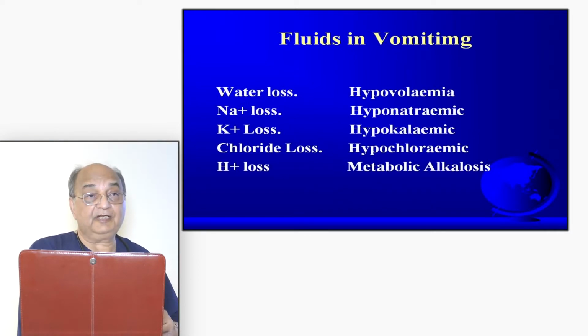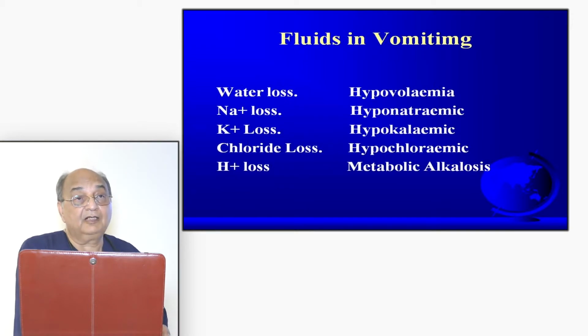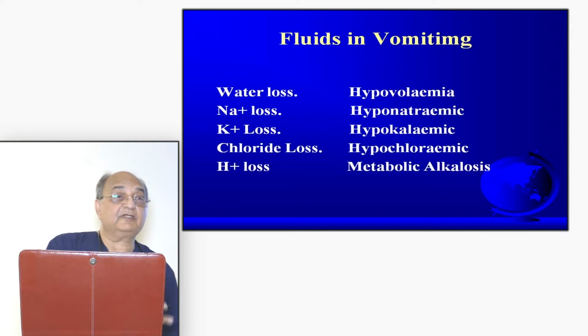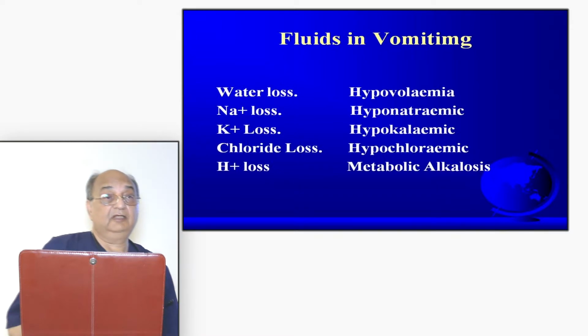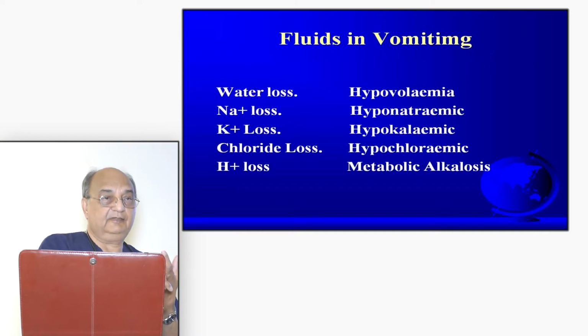When the patient is vomiting, or you have got a nasogastric tube in and you are sucking it, you think that you are taking the dirty material out, but it's not dirty material, it's very useful material also. Now, this person who has been vomiting has got low sodium, low potassium, low chloride, and is in metabolic alkalosis.